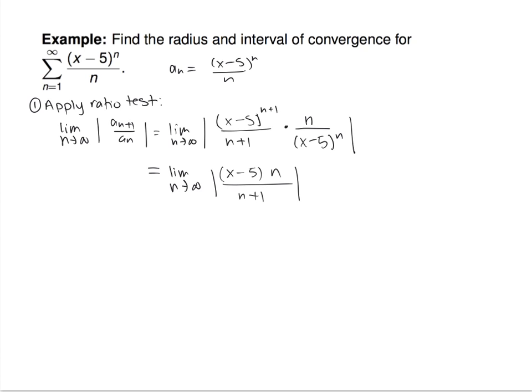There's a chance you could get a negative. Can the n's be negative? No. Could the x be a negative number, though? Yes. So at this stage, we can write this as the limit as n goes to infinity of the absolute value of x minus 5 times n over n plus 1.